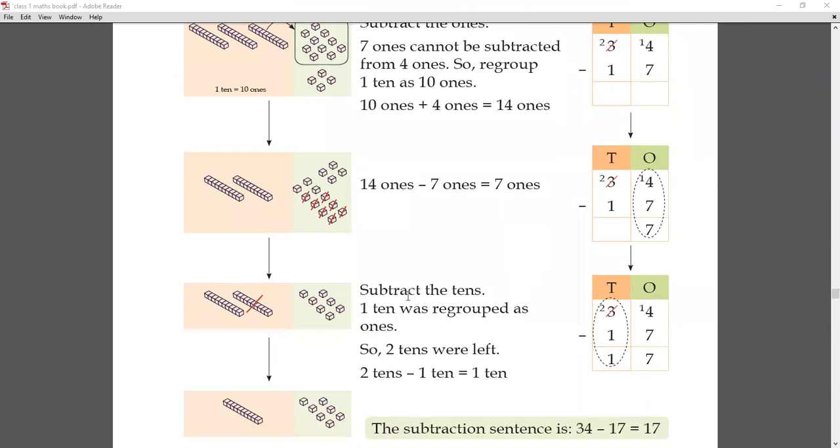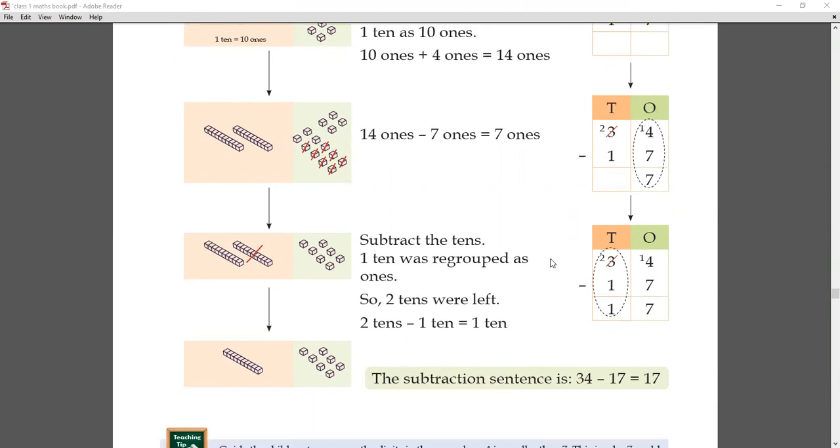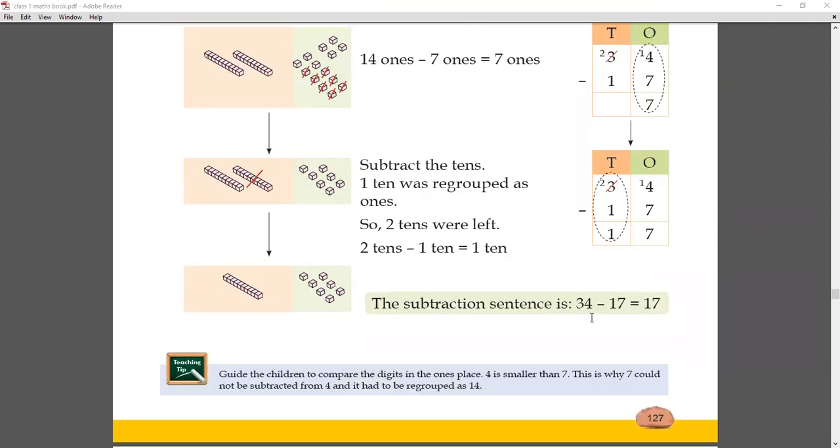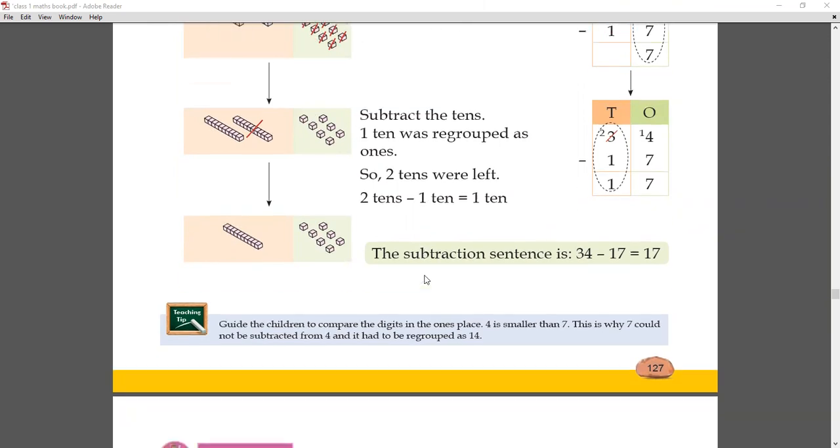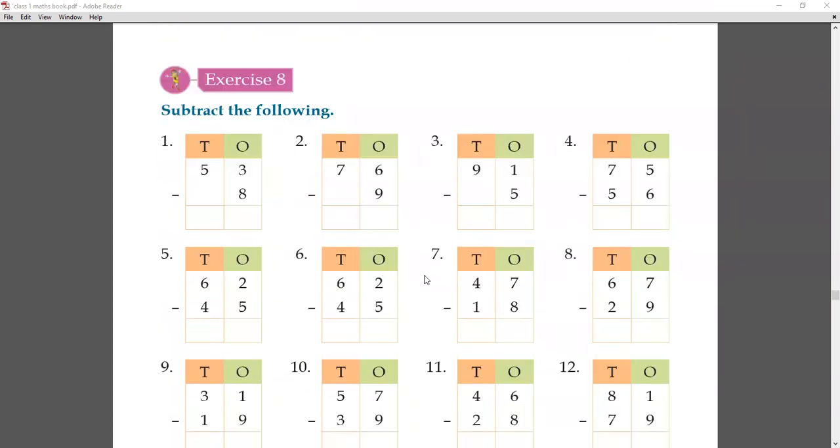Now next is subtract the tens. 1 ten was regrouped as ones. So 2 tens were left. 2 tens minus 1 ten is equal to 1. Okay. Now next, the subtraction sentence is 34 minus 17 is equal to what? 17. Okay.